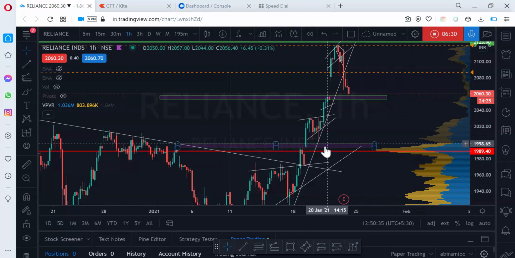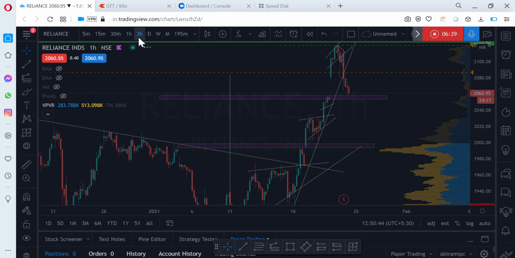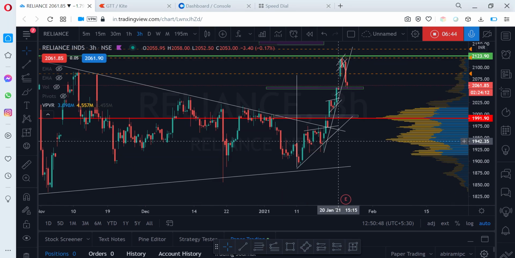See, this is the major high level where smart money played in this area on the 1 hour time frame. You can find it. One minute, I'll show you. Okay, so this is the area.